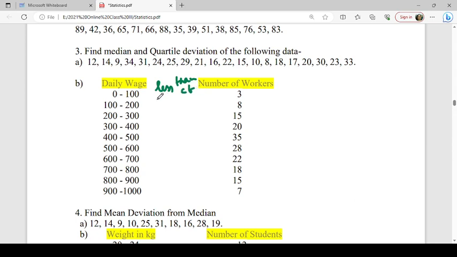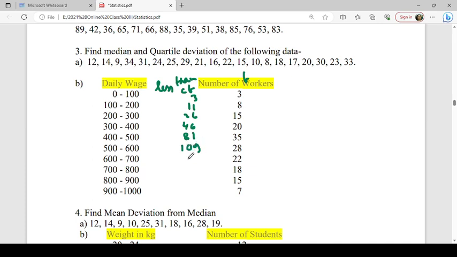Less than CF. So less than 100, these are frequency f. Less than 100 is 3. Then less than 200, 3 plus 8, it is 11. Less than 300, 11 plus 15, it is 26. Less than 400, 26 plus 20, 46. Less than 500, it is 81. Less than 600, 109.